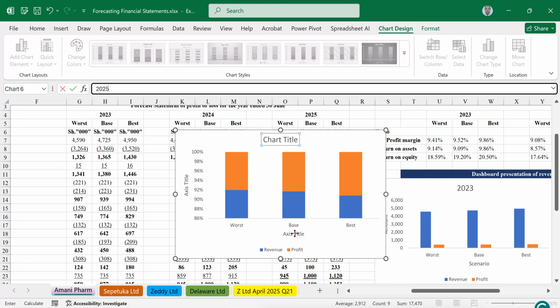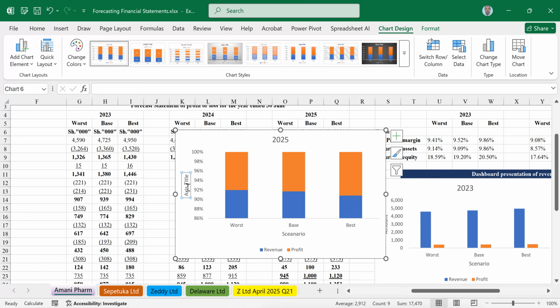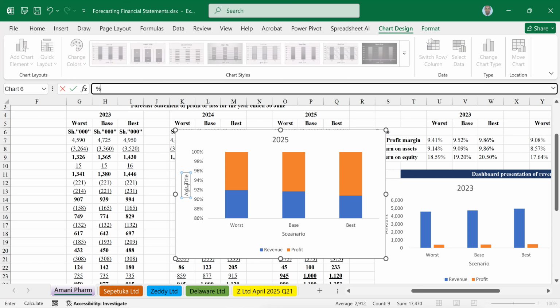Scenario, and I'm seeing percentages. Where did we get percentages from? Okay, we can use percentages, no problem. This is percentage of revenue. Can use it the way it is.